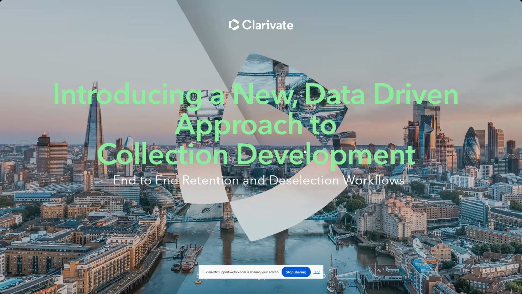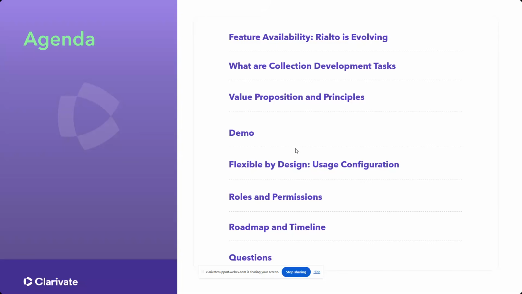So let's start. Generally, I'll just present you the agenda. We're going to first talk about how these features are available for you, because they are in Rialto, but they are available to all Alma users, and I'll explain to you the logic behind that.